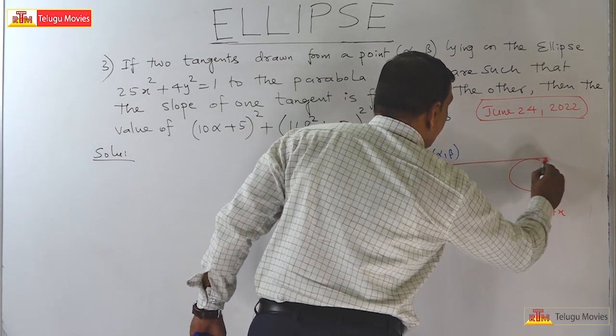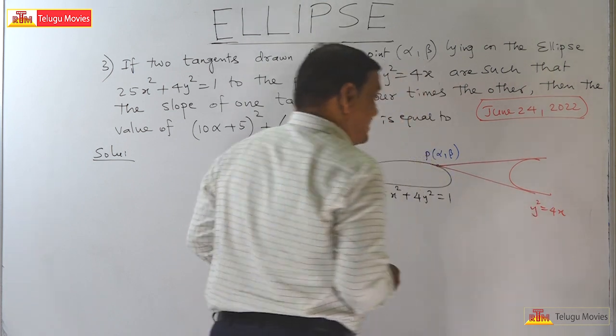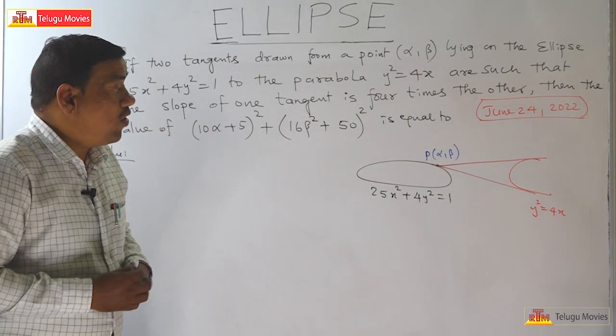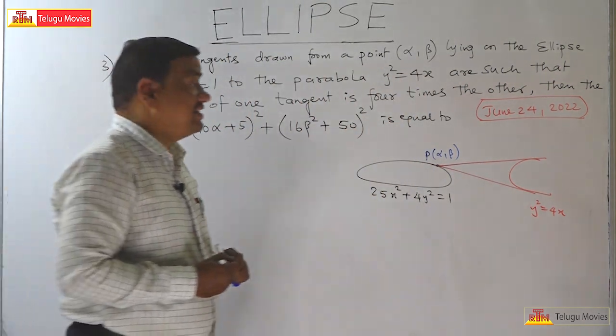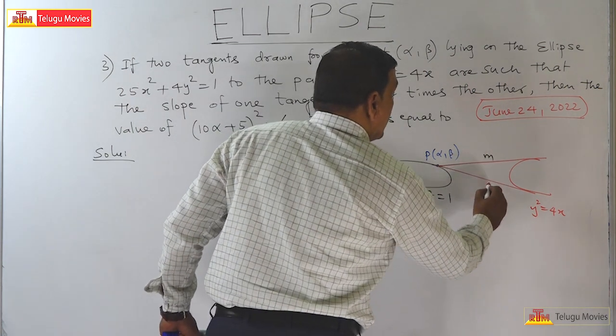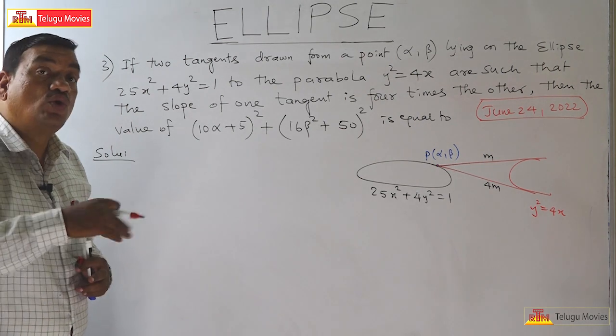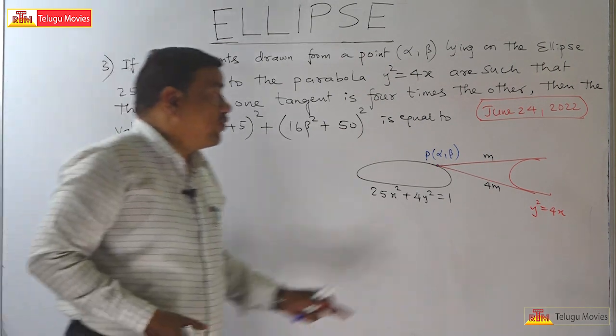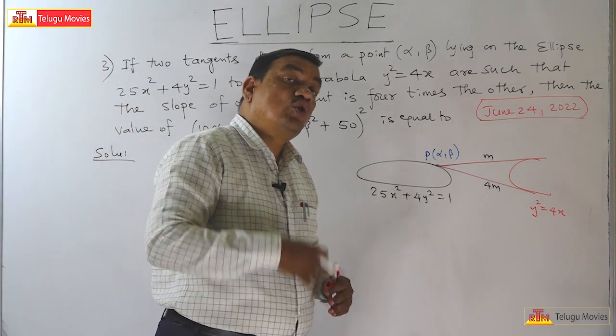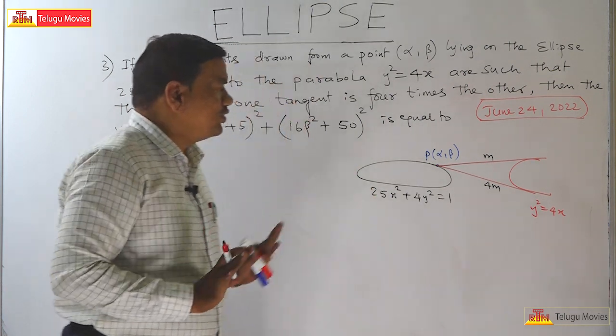He has drawn two tangents such that the slope of one of the tangents is 4 times the other tangent. That means the slope of one tangent is m, and the slope of the other tangent is 4m. So, this is the situation.